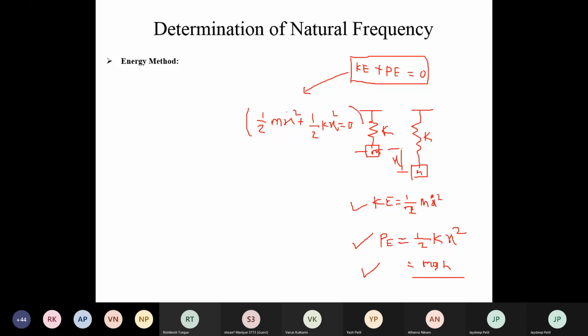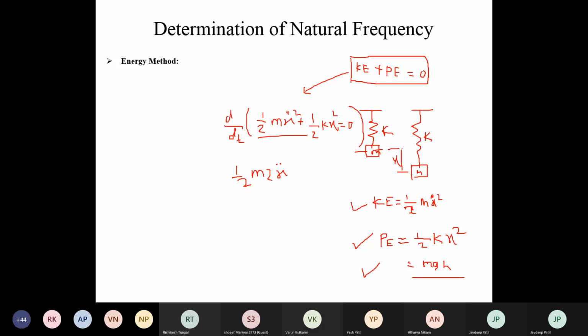What will we get? d by dt. Now what will you get here on differentiation? 1/2 into m, which is a constant. x dot is the velocity, and now you have to differentiate it. x dot square means 2 x dot into x double dot.